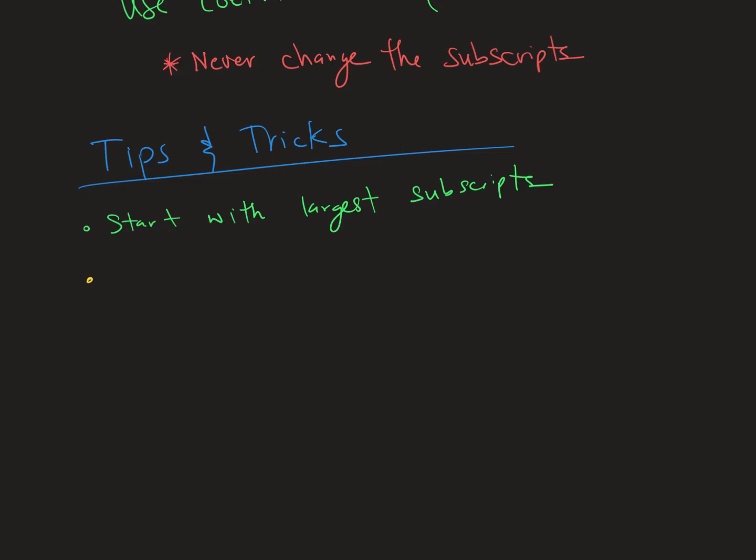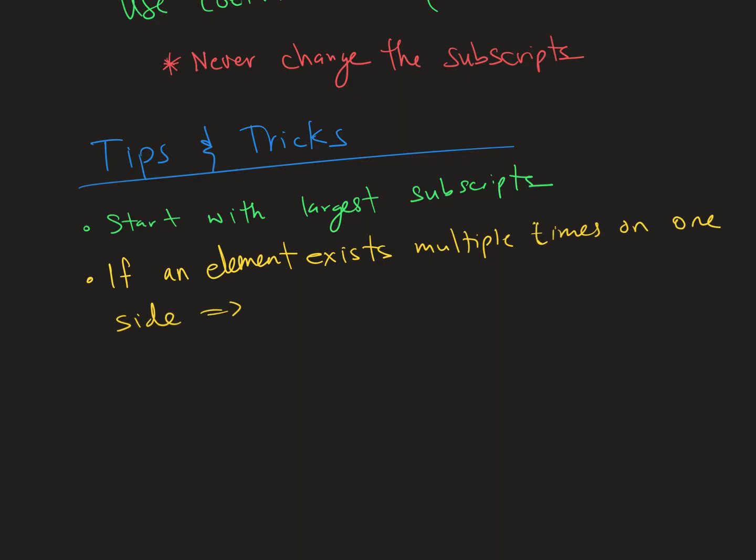If an element exists multiple times on one side, on either side, then save that element for last, meaning count it last.